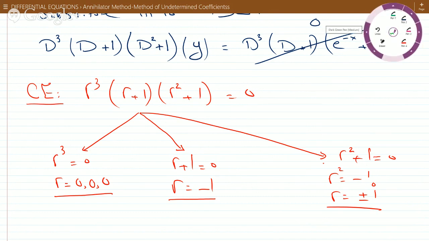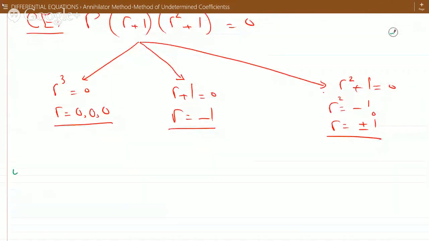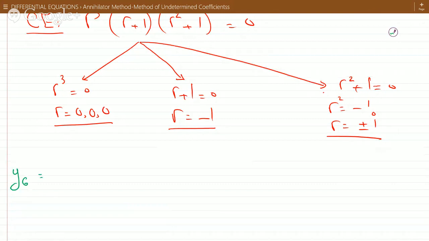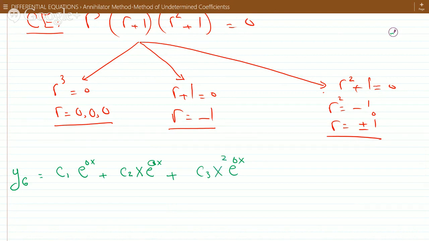So now you can write your y general. The zeros will be the exponentials. So you get c1 e to the 0x plus c2 e to the 0x, but you remember, if this is repeating, you multiply it by x. And then you also get c3 e to the 0x for the third root. This is repeating, but you've already used the x, so you have to multiply by x squared.